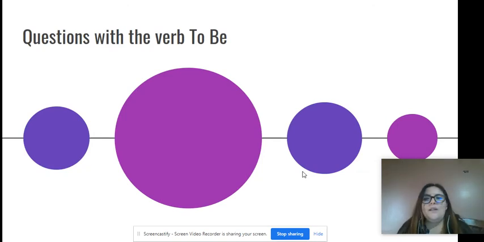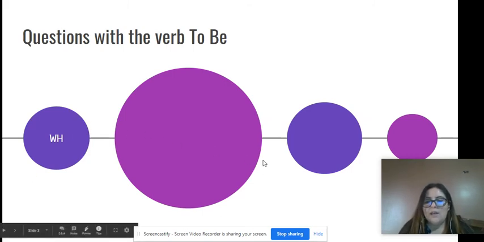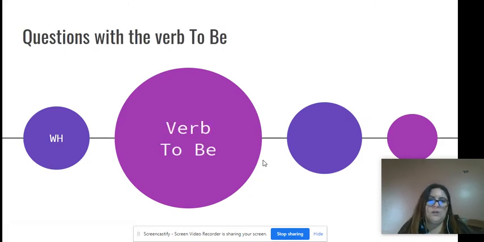So this is what you need to remember about how to form questions with the verb to be. We start, if we need, with the question word. Remember, we have what, where, how, when, what time, how old. Those are question words. Then we have the verb to be. As we are talking about present simple sentences, we will use the forms are and is.